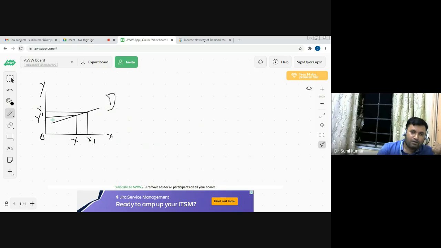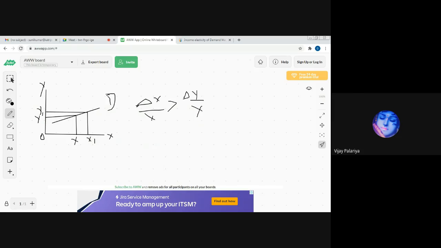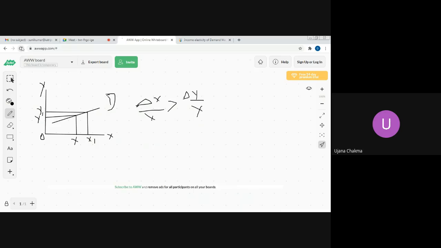So a little bit of increase in income will create a large quantity demand, like petrol, car, isn't it? Those are the examples. So here we can say that delta x upon x is greater than delta y upon y. Any doubt? No, sir.